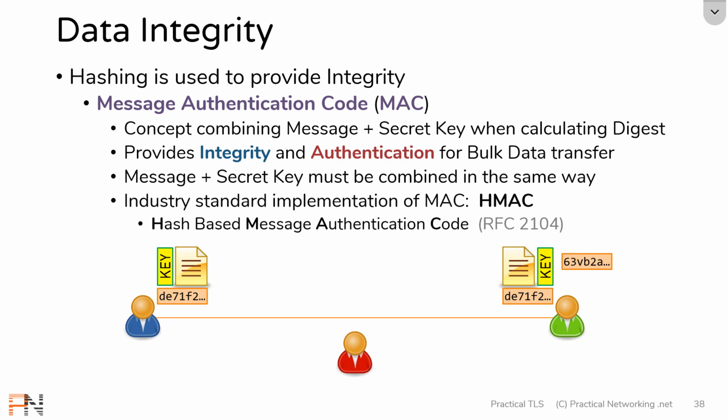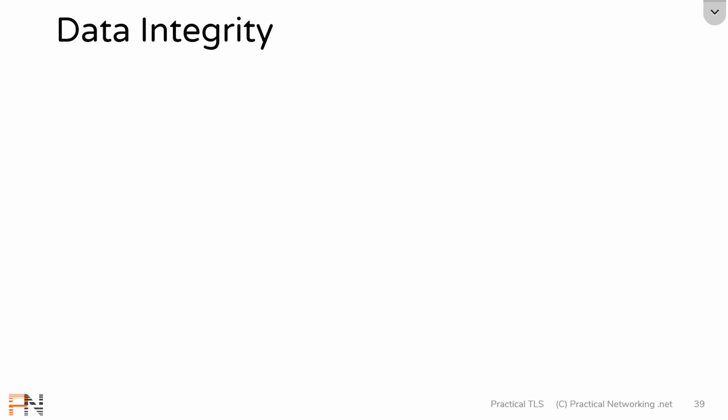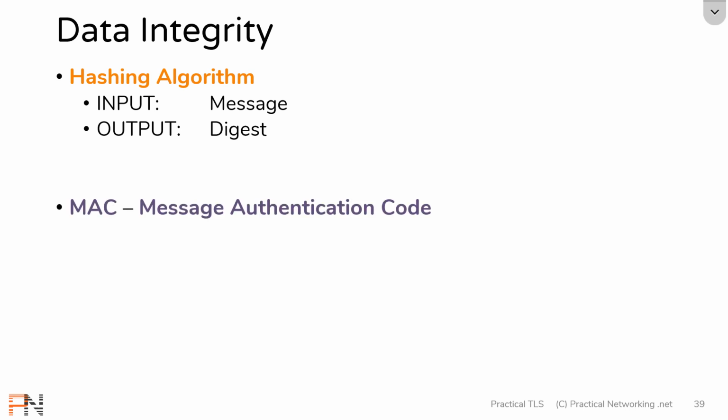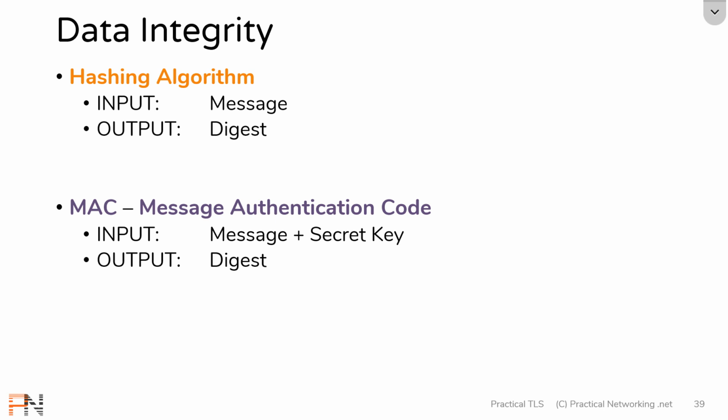Now, to recap these last few lessons, a hashing algorithm is an algorithm which takes as input a message and spits out as output a message digest. Whereas a MAC, or a message authentication code, is the concept of taking as input a message plus a secret key and producing a digest.